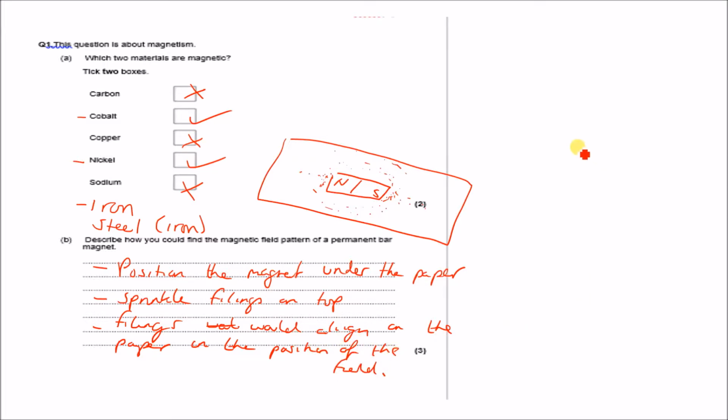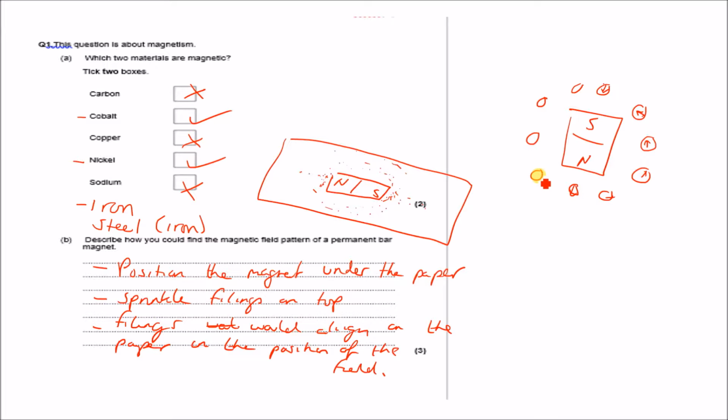An alternative to this would be that you get your magnet on another piece of paper and you use some plotting compasses and you position them going around the magnet, and these would point towards the magnetic field. So if we had a south pole here, you would get a compass needle pointing something like this, and it would point away where you have the north pole.